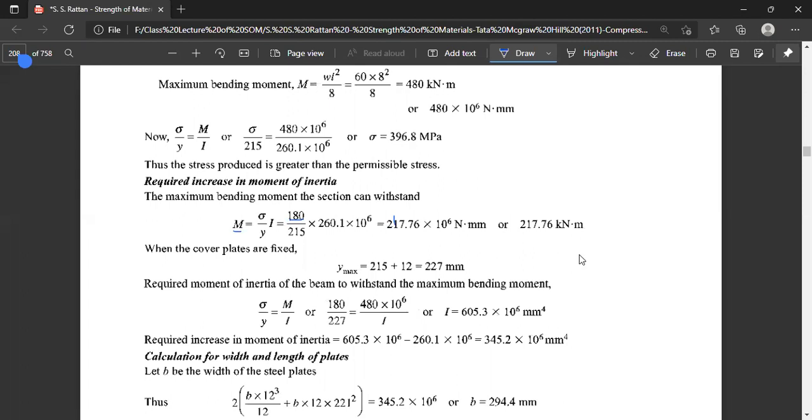And when the plates are fixed, the y will be 215 plus 12, that is 227 millimeter, but we don't know the width.